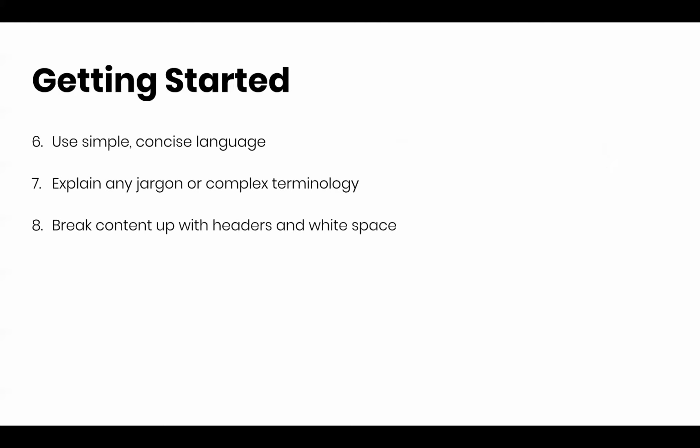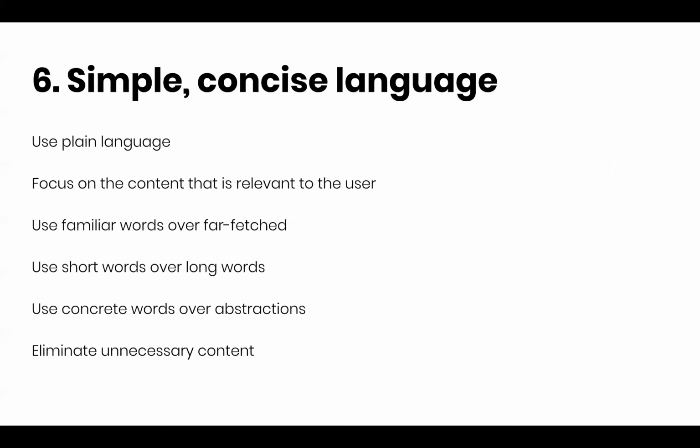So there's three things I want to talk about here. The first one is using simple, concise language. We're going to explain jargon, and then I want to talk about breaking up content with headers and white space. So again, simple, concise language, very plain language. It's not that everything has to be at a first grade reading level with very short sentences, but it can be helpful to break up your sentences into meaningful segments.